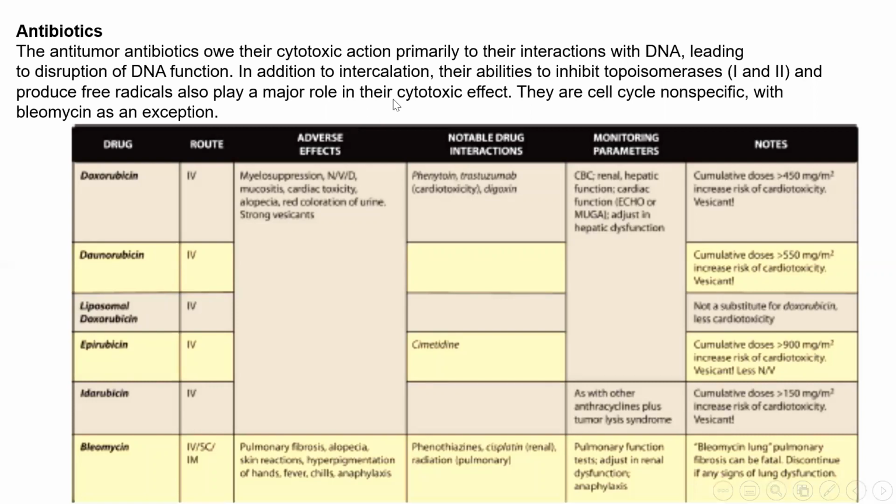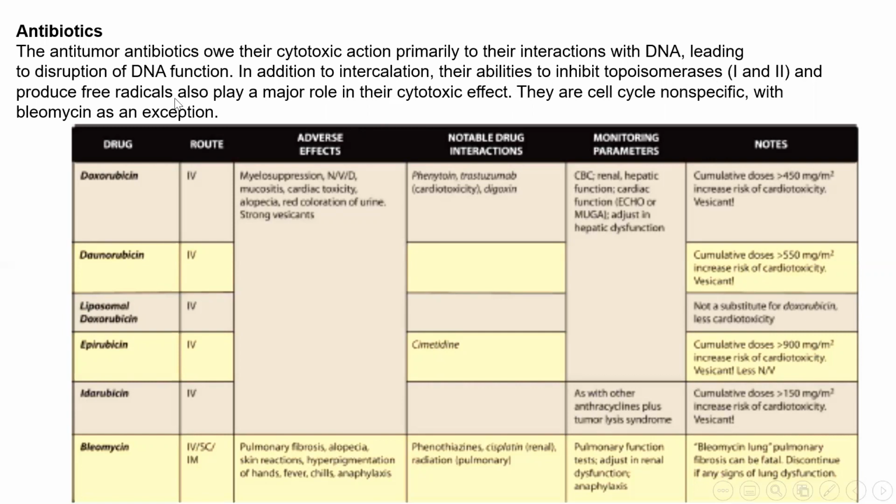The intercalation or alkylation effect with the DNA is not the only mechanism responsible for the cytotoxic effect of this group, but also we have other effects such as inhibition of topoisomerase 1 and 2, and these are very important enzymes for DNA elongation.